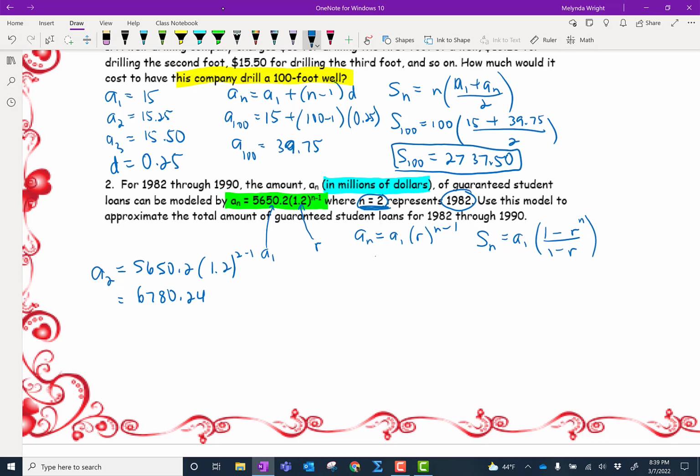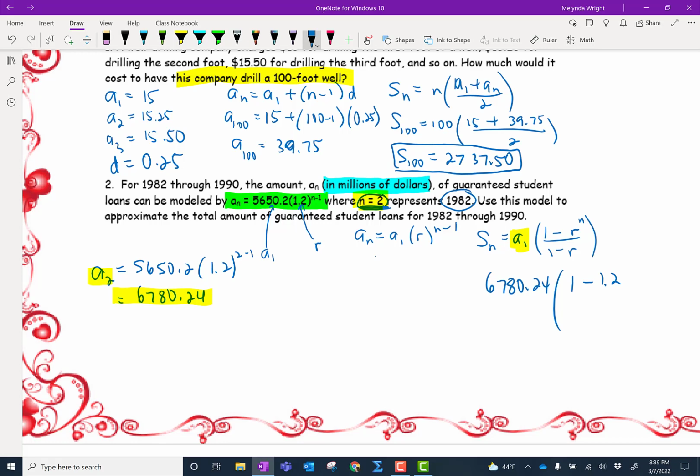So instead of using a sub 1 here, we're actually going to use a sub 2 because that's where they started. And that's just what they did. So here we go. So we're going to put in 6780.24 times 1 minus, let's see, our r is 1.2. Ooh, we don't have the n.